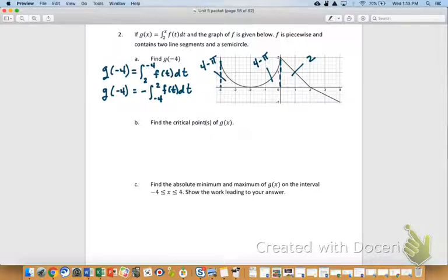I went ahead and wrote some areas up there. I think I did that right.